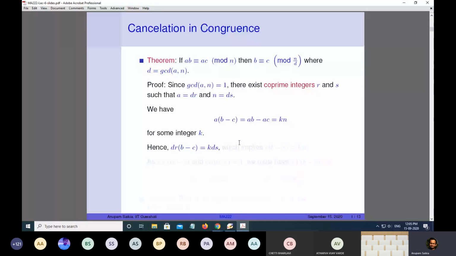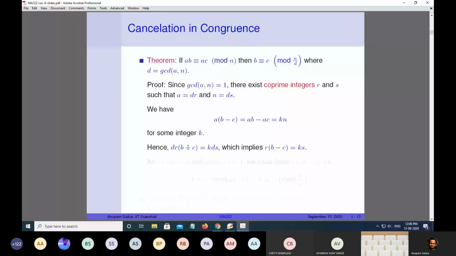So what we are getting is d times r times (b minus c) is k times d times s. Because this is now in integers, it is an equality, no longer a congruence. And we can factor out this d because it's not 0. So we get r times (b minus c) is ks.